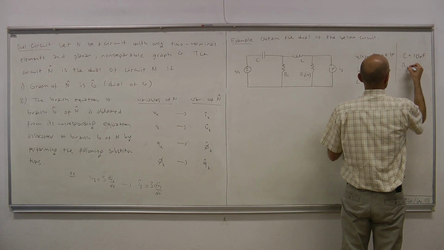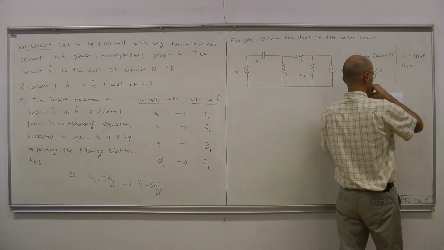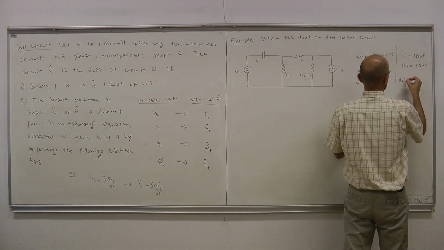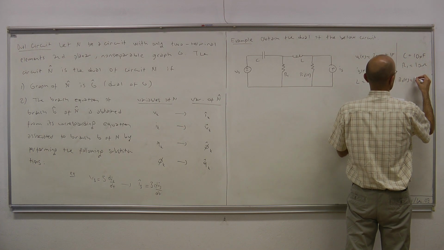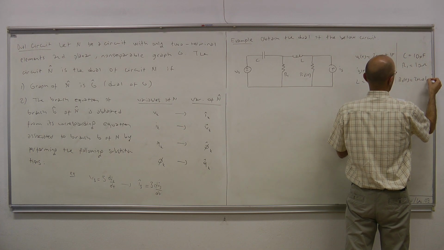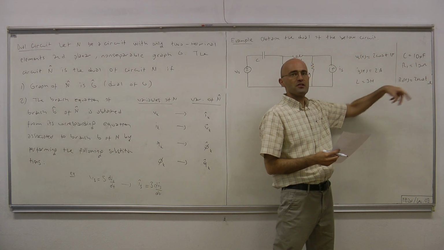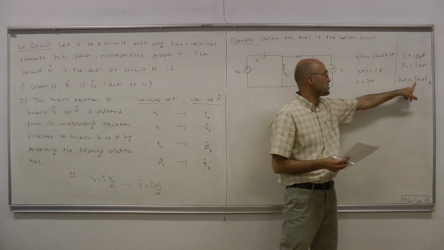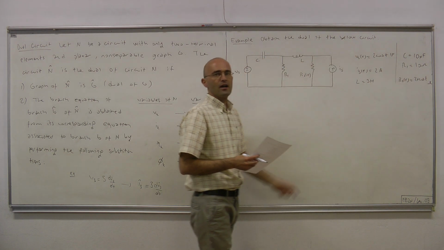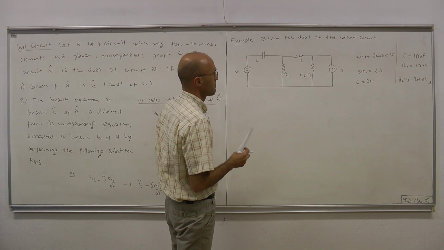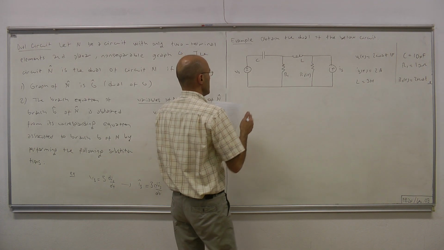The LTI resistance is 10 ohms, and R2(t) is 2 plus cosine t ohms. Therefore it's a resistance that oscillates between 1 and 3 ohms.